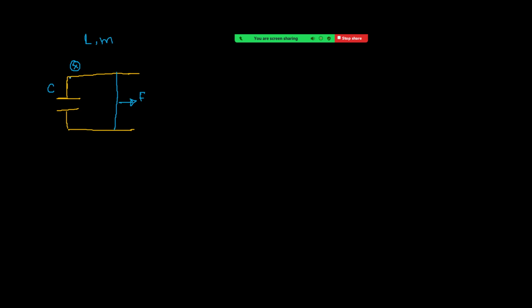Right, cross check: mass M, length L, capacitance C, applying a constant force. Now you can see we have to find the acceleration of the wire.